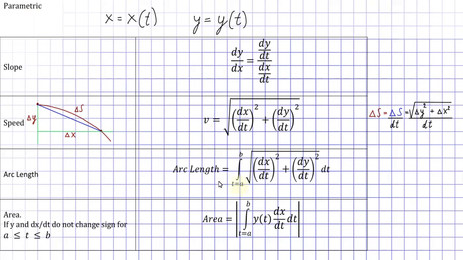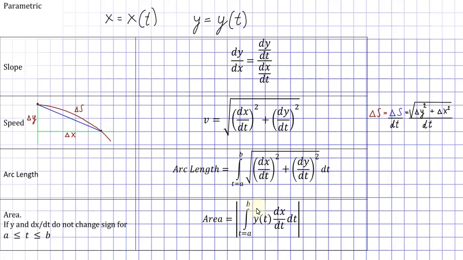Okay, let's do one more. Let's do arc length, because we're going to do it really fast. So arc length. So let's think about the same small arc length for now. So how to calculate distance? Okay, since we already have the speed of the particle, so we just need to multiply this speed times period of time, interval of time, dt, and that will give us the distance of this small piece of the red curve.